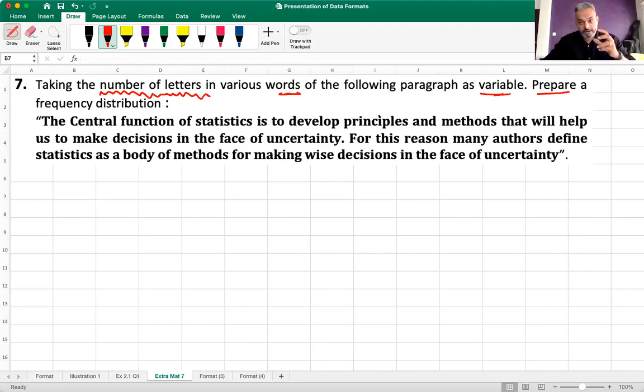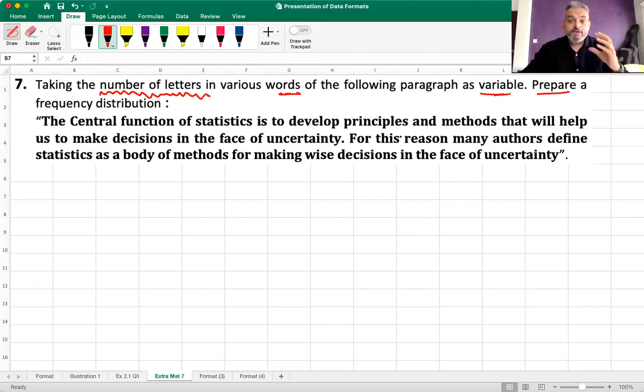Now, what is variable? Variable is that characteristic which keeps on varying, यानी वो बदलता रहता है from unit to unit. Now, यहाँ पे number of letters in various words is to be considered as a variable. So यहाँ पे तुम्हारा variable क्या है?